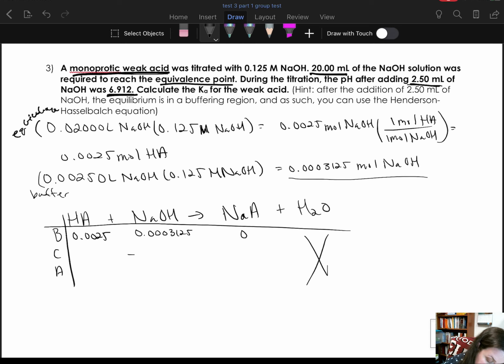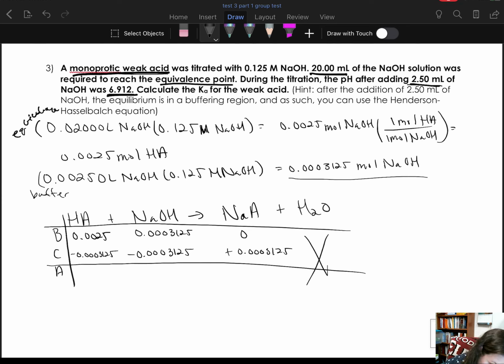So I'm going to use that information to figure out how many moles of acid and base I have at this point. So when I subtract this out, I get 0.002185, and 0.003125. So I have my moles of my base, my moles of my acid.